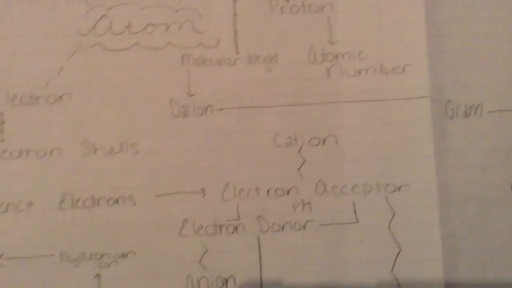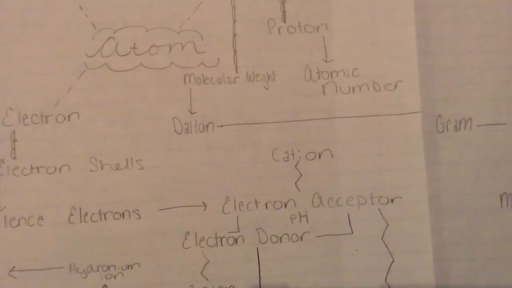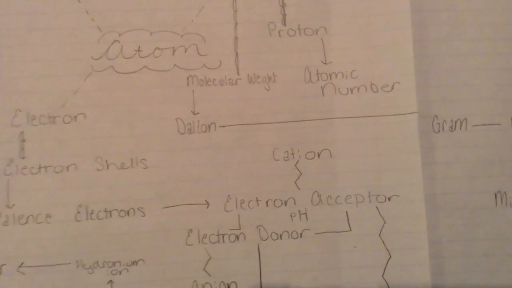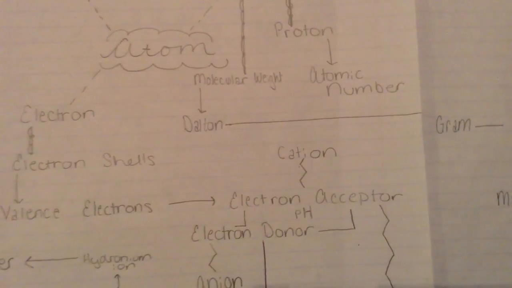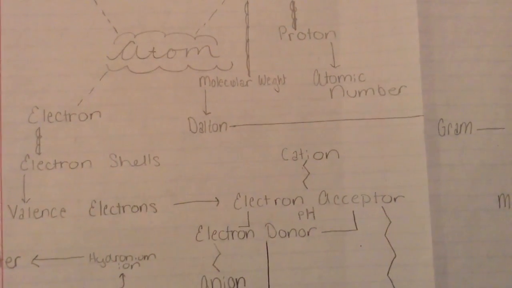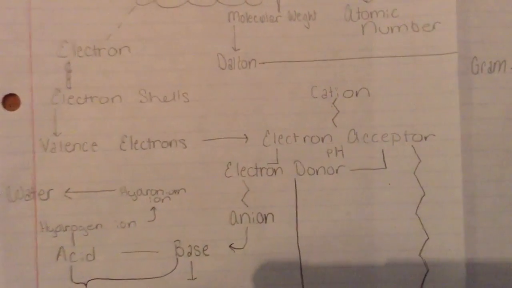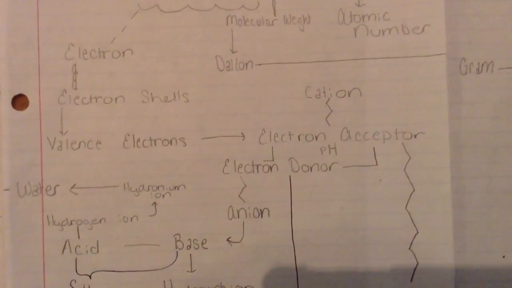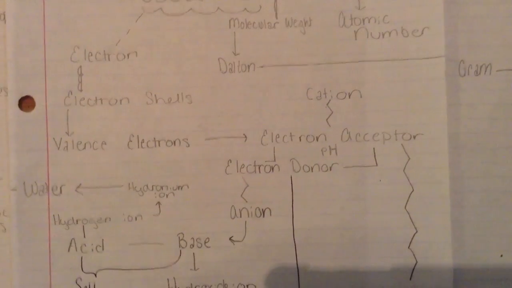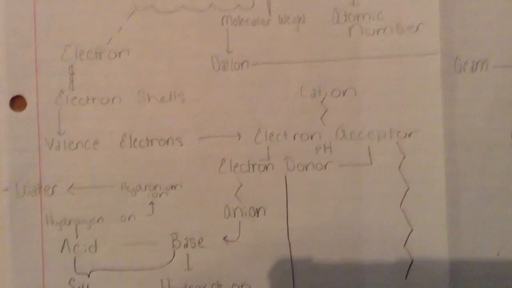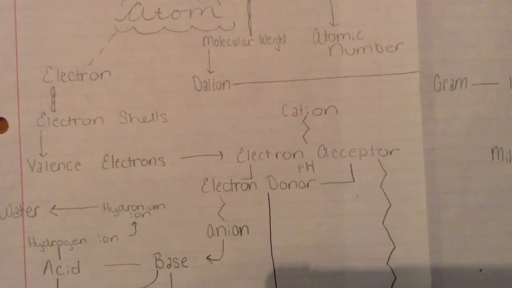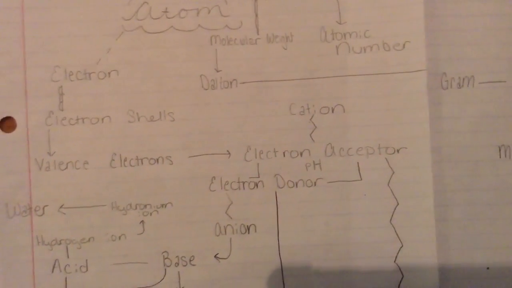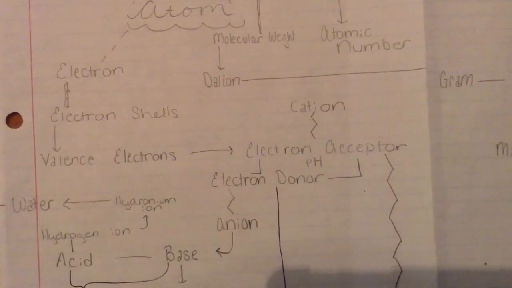And so connected to electron acceptor are cations. Cations are positive, and they often act as acids. And connected to electron donors, anion, same concept, except negative, often act as a base. And in the middle there we have pH, and pH is a scale to rank acids and bases.